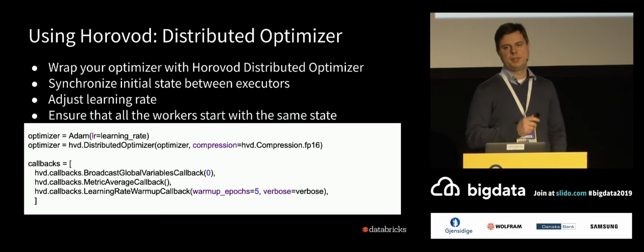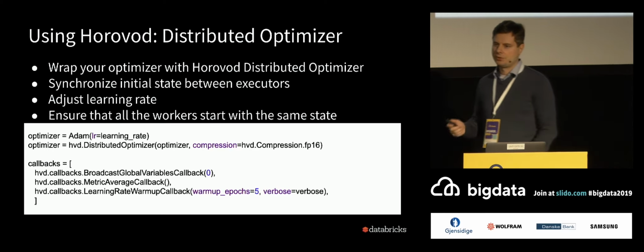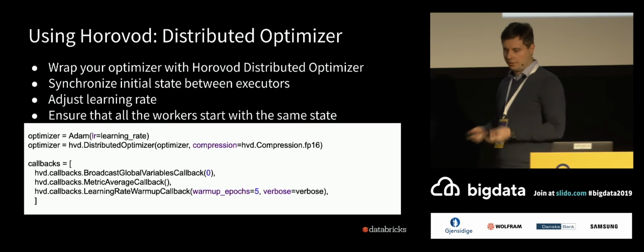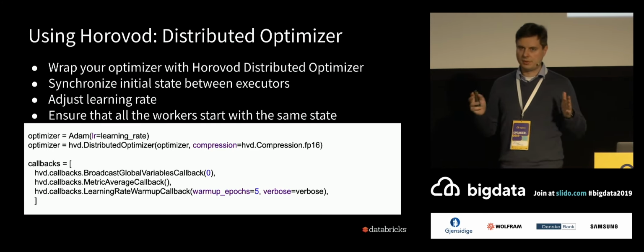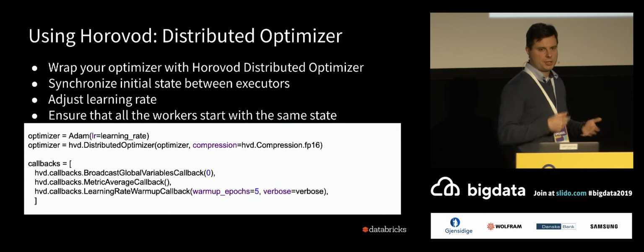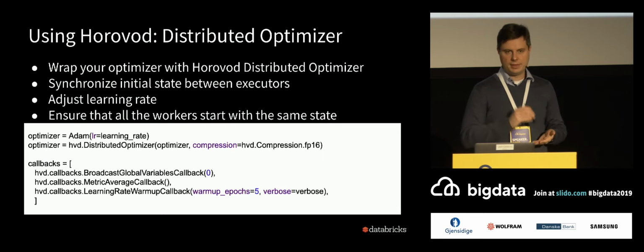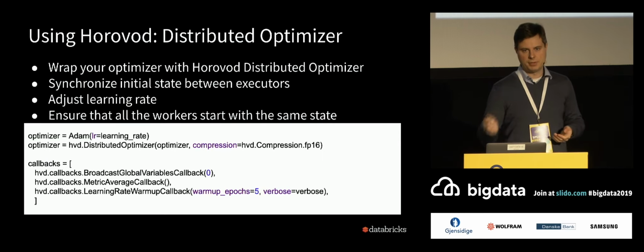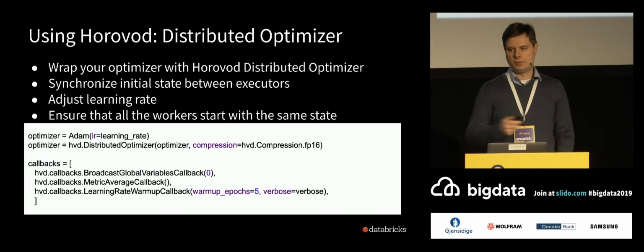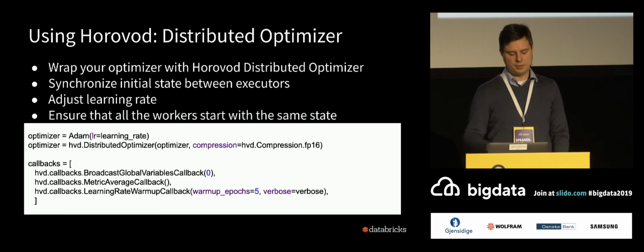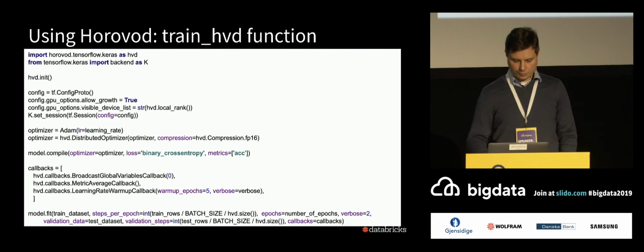So why do we need these callbacks? At first, we have to make sure that all the worker processes have the same initial state of the model weights or parameters, and then we have to do the averaging of these model weights during the training.